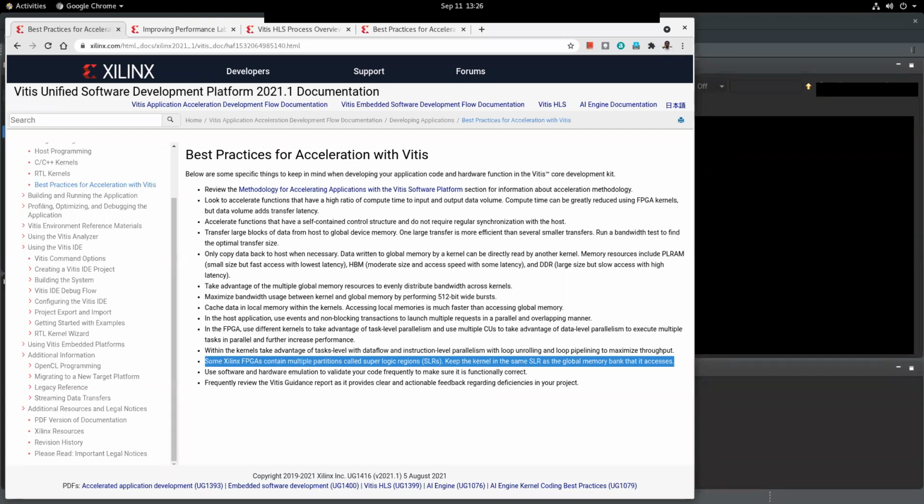Otherwise you may have to use a longer routing path to access the corresponding memory. Most probably these things will be automatically taken care of, but keep this in mind, whether the data being accessed by the kernel is in the same SLR region, to the extent possible or not.